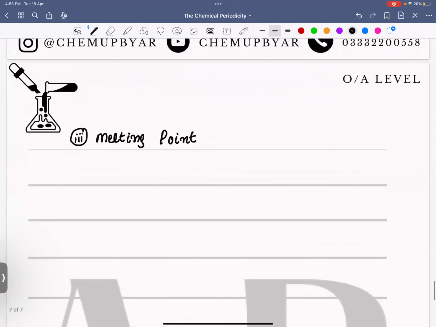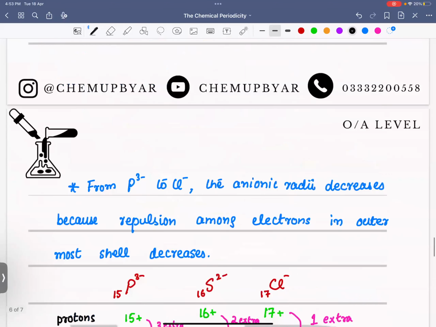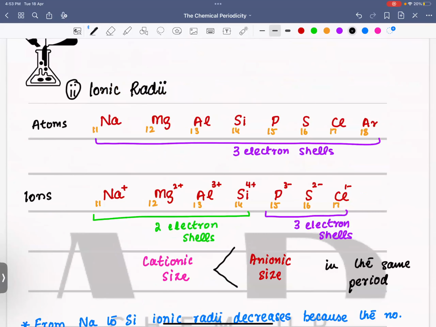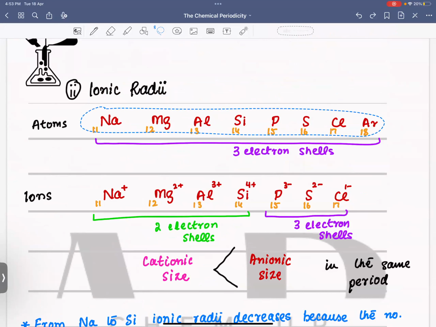So to see the melting point trend over here, again, first take these elements, the elements from period 3.